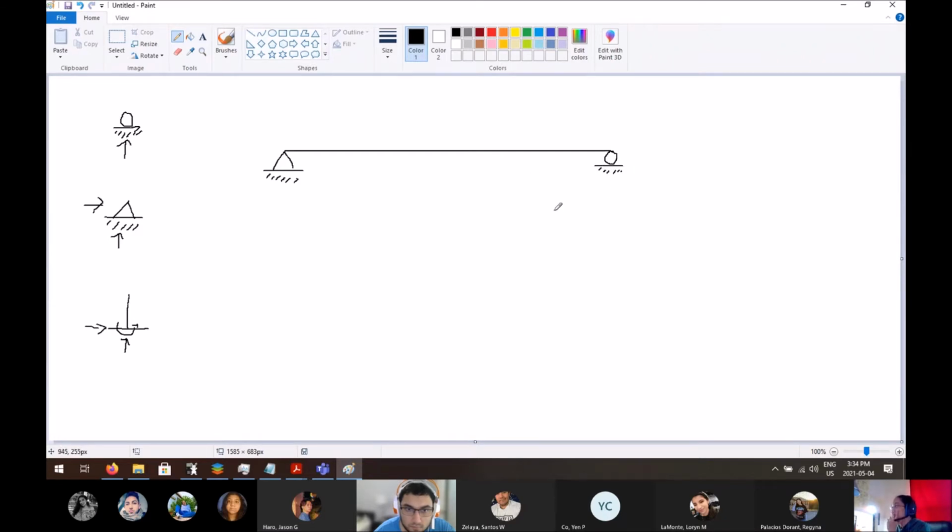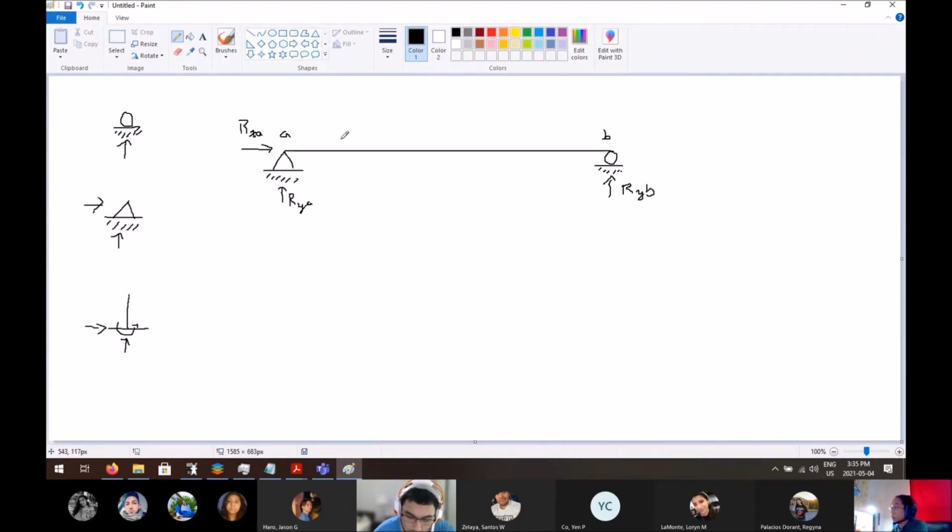We know there's a reaction in the x direction. I'm going to call this point A and point B. There is a reaction in the y direction and a reaction in the x direction. And then we have one reaction over here because it's a roller, only one reaction, RYB.